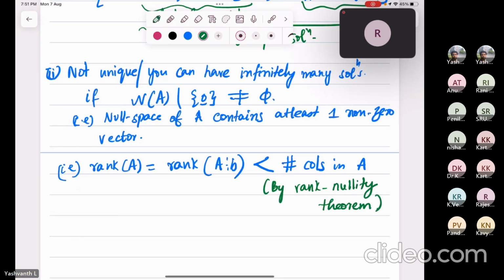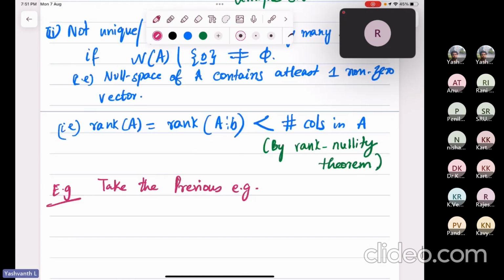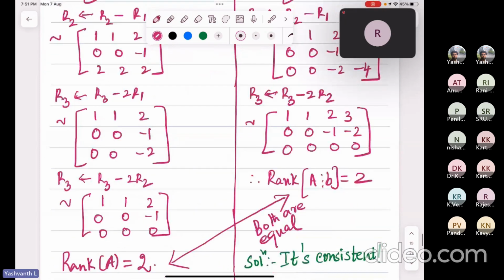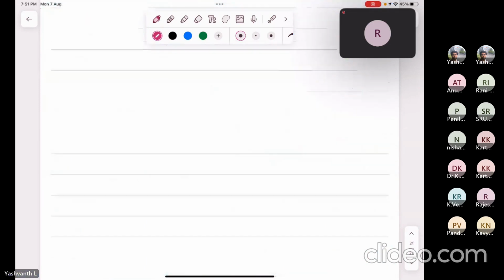Okay. Now let's see some example. Take the previous example, this one where we saw a consistent system.